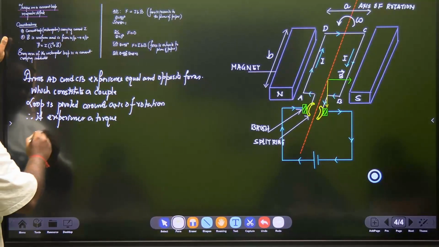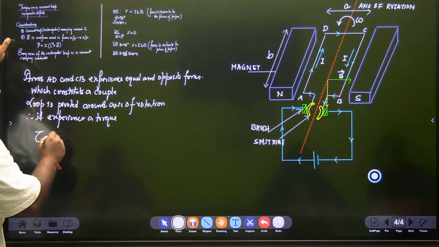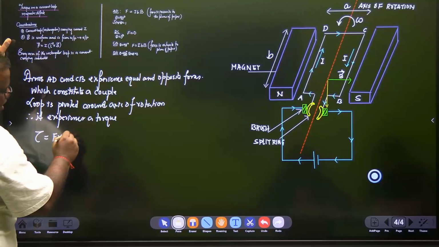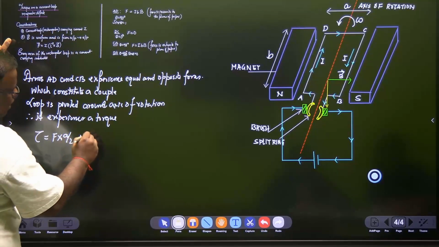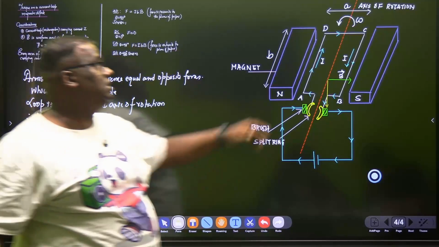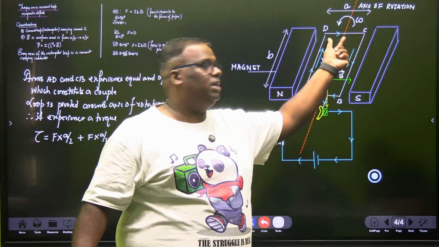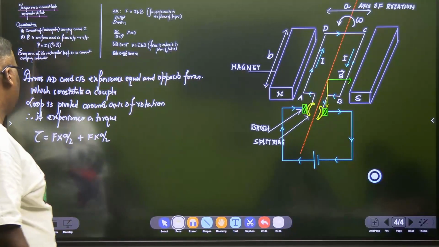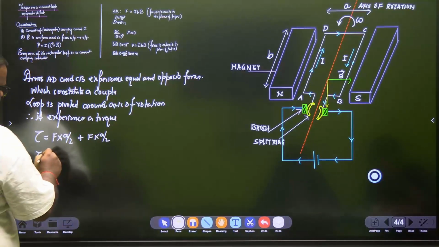So the torque tau is given by the force multiplied by A by 2, again F multiplied by A by 2. Why A by 2? Because this distance is A, so the arm becomes A by 2 around the pivot. Clear? So can we now write the value of the torque?